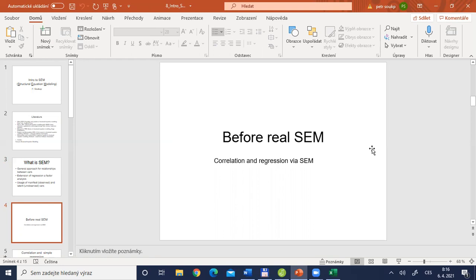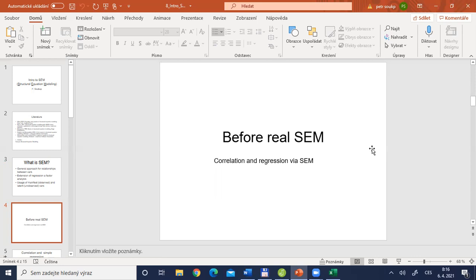Maybe slightly inconvenient for us is that JASP, in this structural equation model framework, is not available through the menu. So there are no clicking menus, but it will be necessary, at least partly, to write commands.